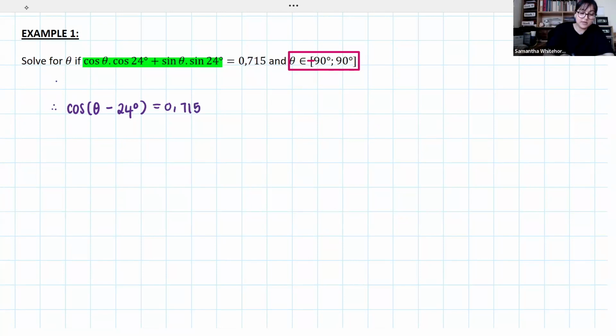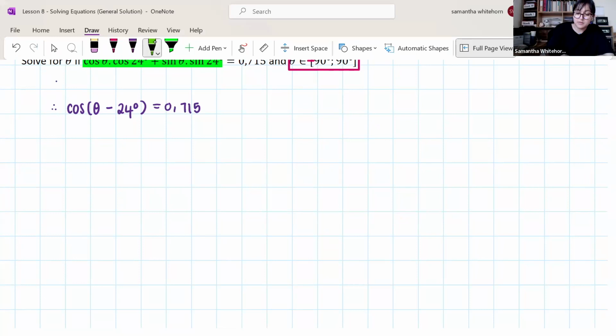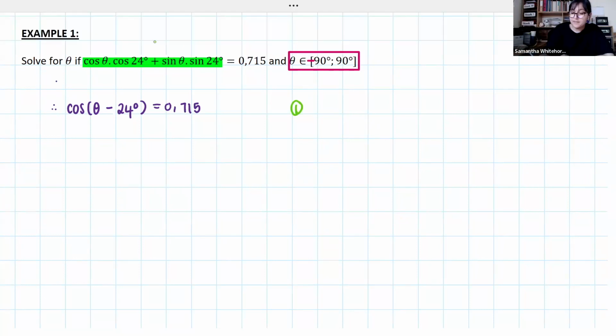Like I said, I'll try to write some steps on as we go along, because for some people it's really useful to have steps. The very first thing that we always want to do is isolate our trig ratio. What I mean by that is you want to isolate sine, cos, or tan and its angle. That angle can have multiple terms, like this one has a theta and a negative 24. That's fine.